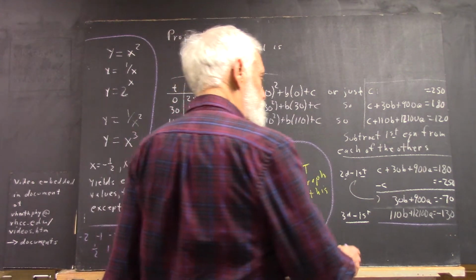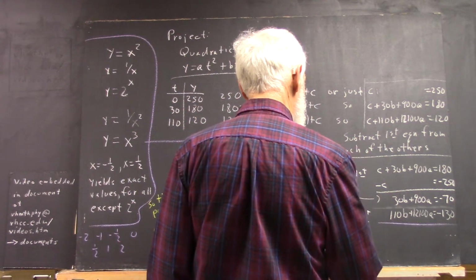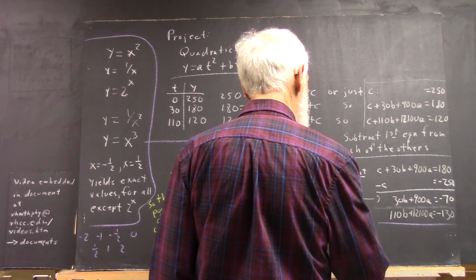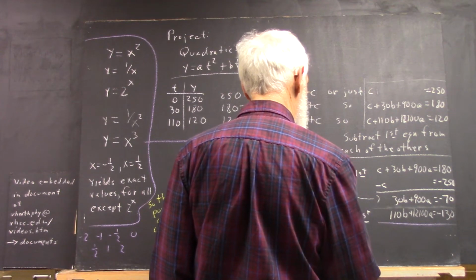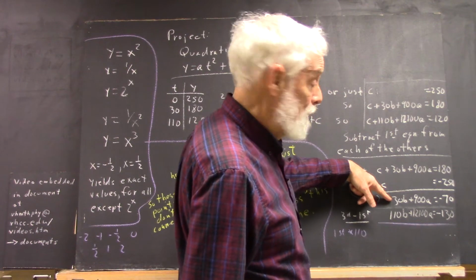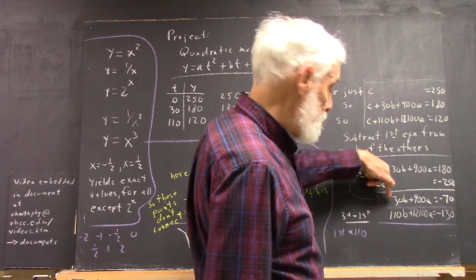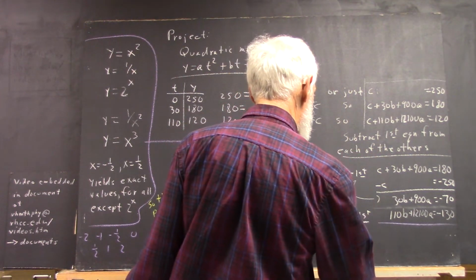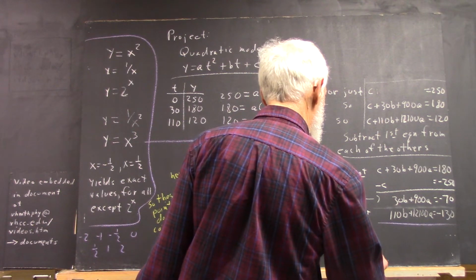Okay? I multiplied the first equation times 110, so I'll be multiplying the 30b and everything else by 110. And the second equation by 30.